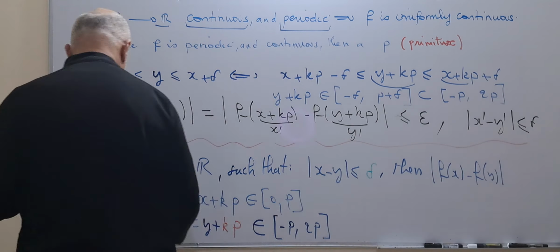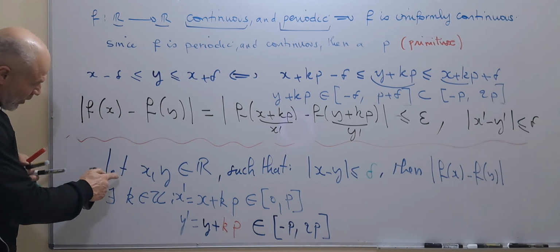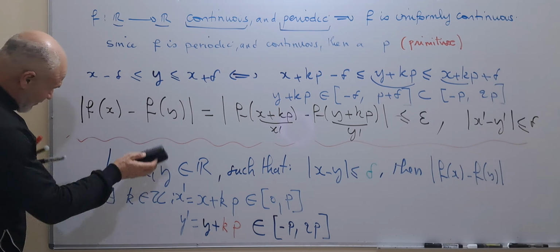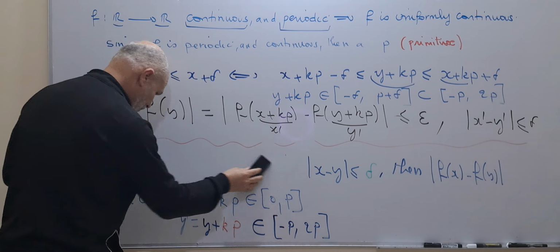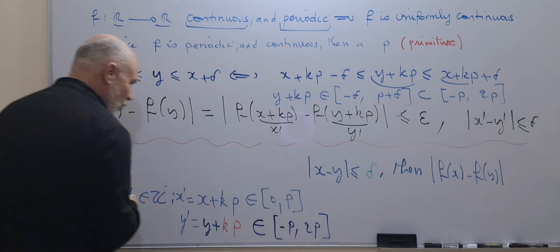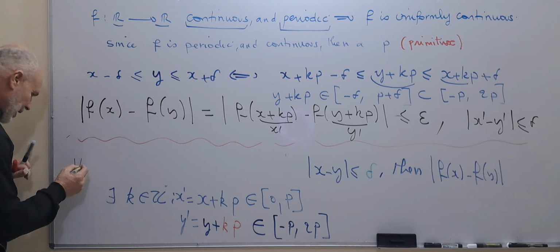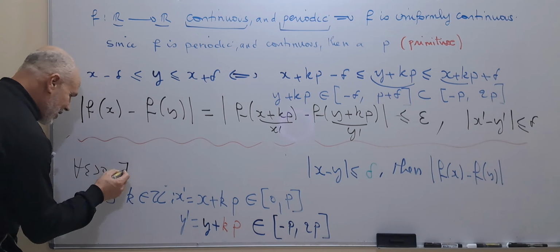As a conclusion, for all epsilon greater than 0, there exists delta.